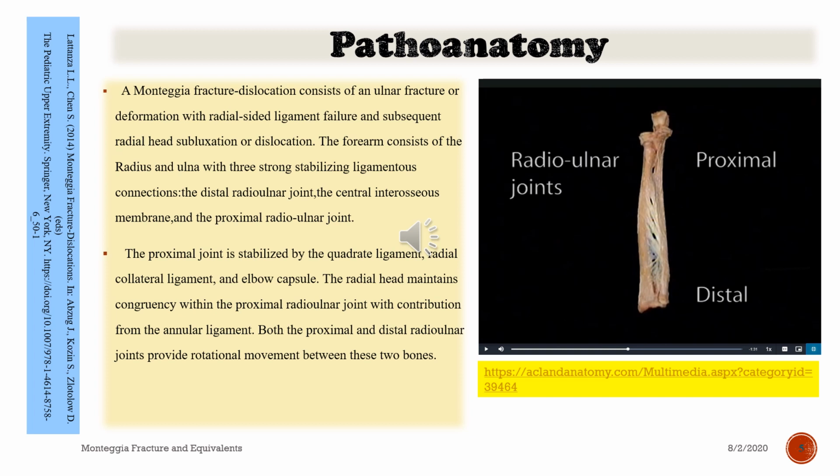The proximal joint is stabilized by the quadrate ligament, radial collateral ligament, and elbow capsule. The radial head maintains congruency within the proximal radio-ulnar joint with contribution from the annular ligament. Both the proximal and distal radio-ulnar joints provide rotational movement between these two bones.